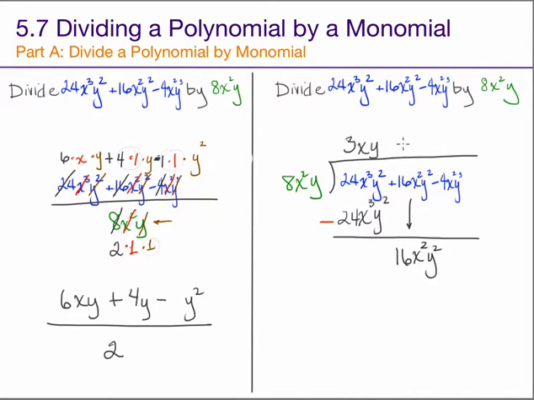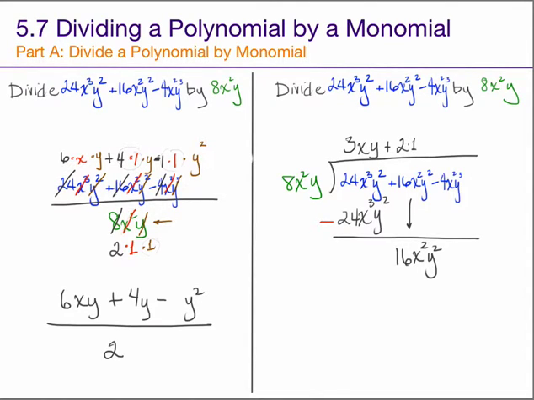So what do I need to multiply by 8 to get 16? 2. Positive 2 specifically. Notice that there's a sign here, so I need to put a sign in between these two terms as well. What do I need to multiply by x squared to get x squared? 1.